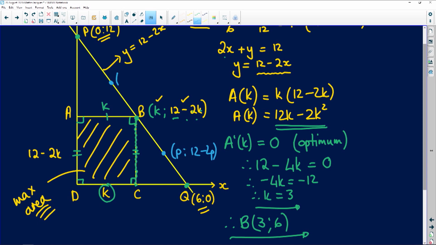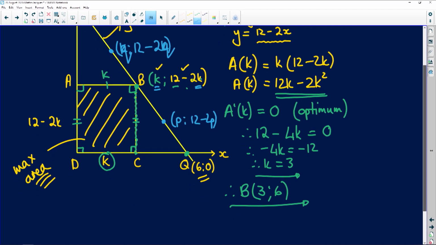A coordinate pair there will be K and 12 minus 2K. We used the same variable there, so let's just make that a Q, to have a different value. Here we had K.